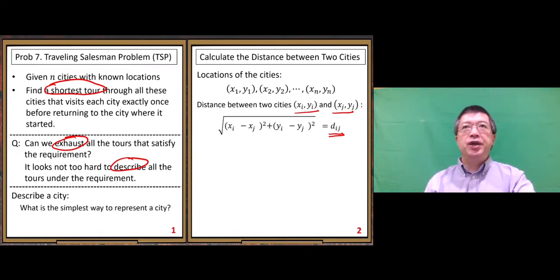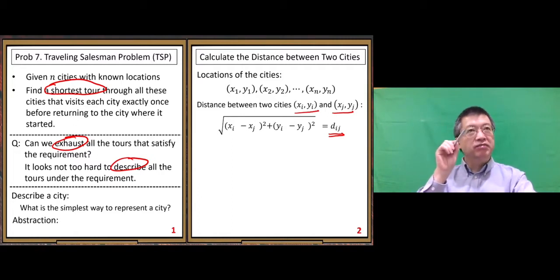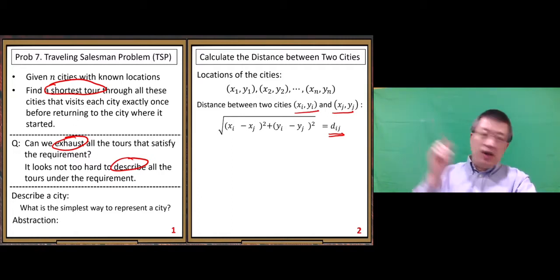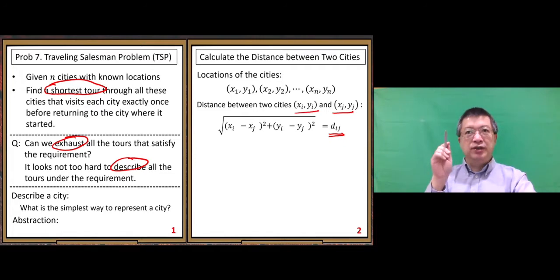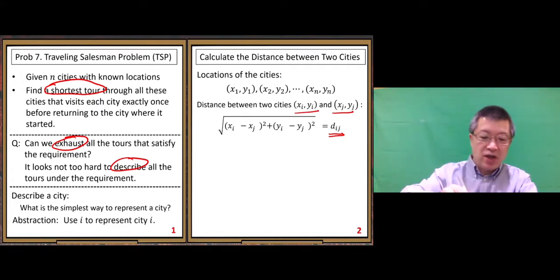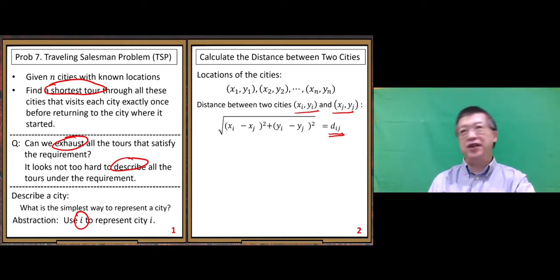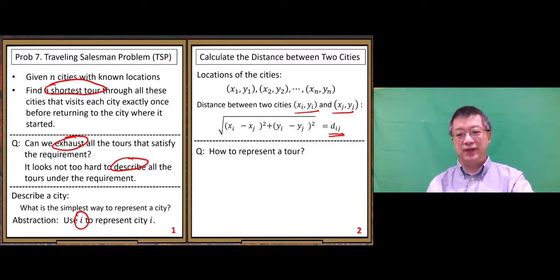Do we need to use its population? We don't need, right? So for the simplest representation, we do a lot of abstraction. We just use a number i to represent city i. That's simple.